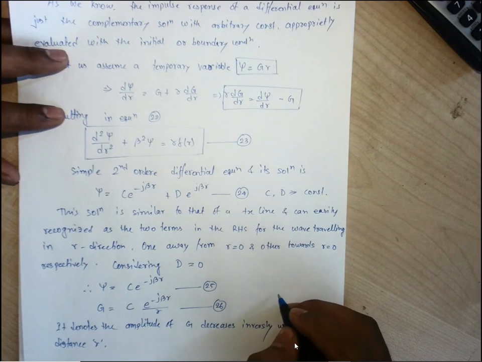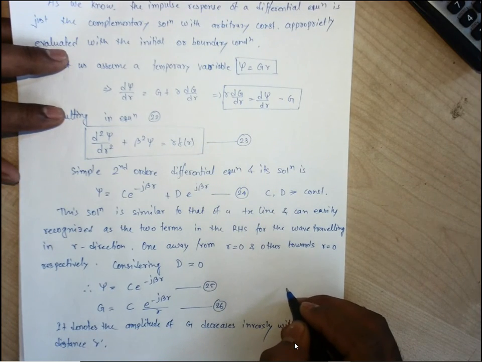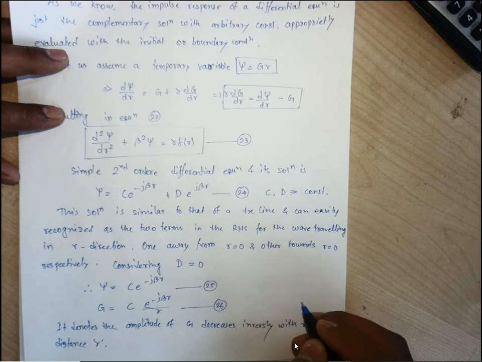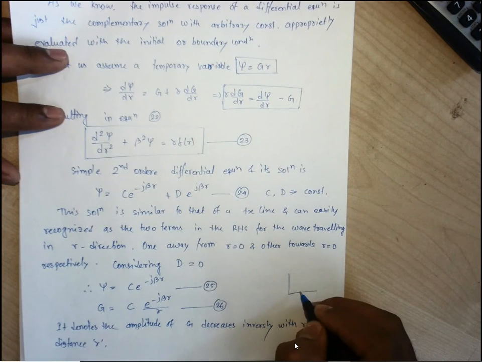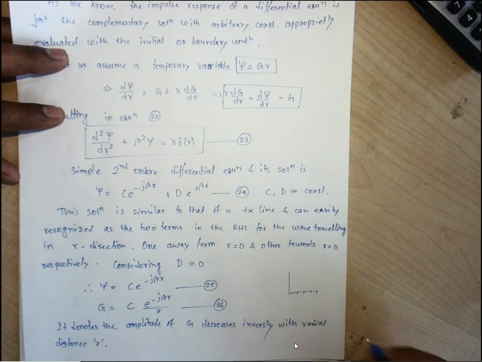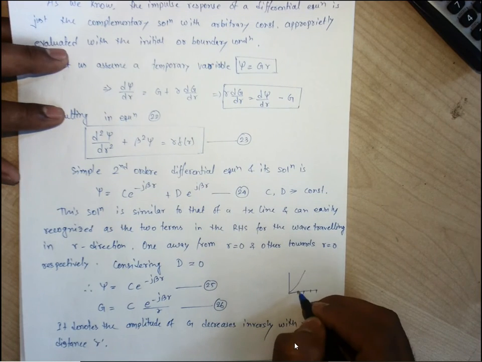If you take r equals 0, it will be a constant. If you take some value 1, 2, 3, it will start from the origin and exponentially increase for different values of r, like this.